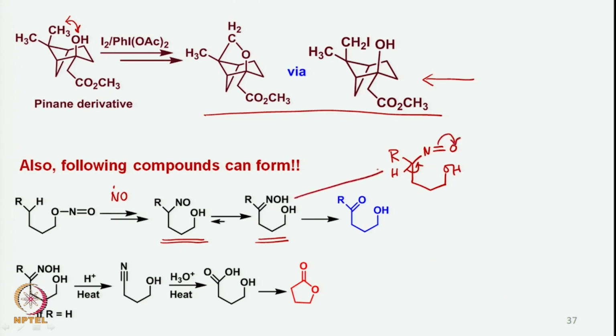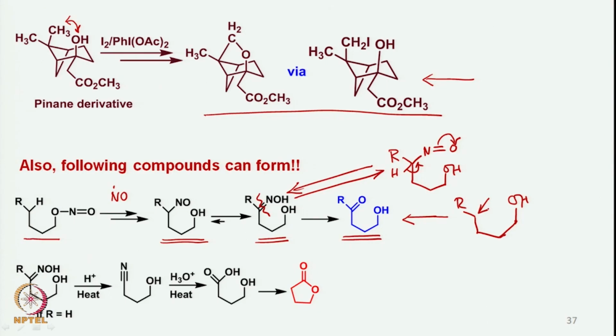One can cleave the oxime under different conditions, oxidizing or reducing, to the corresponding ketone. So what we have done is we have started with this kind of substrate, with OH here, and after going through the nitrite ester, what we have formed is the functionalization at the remote delta position.